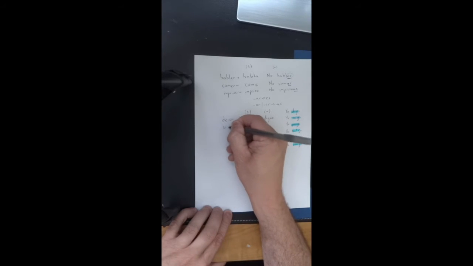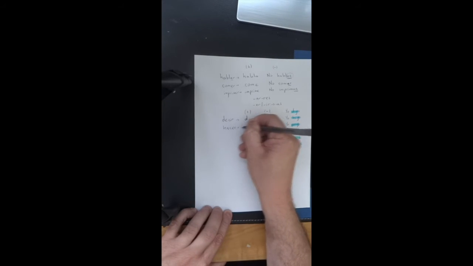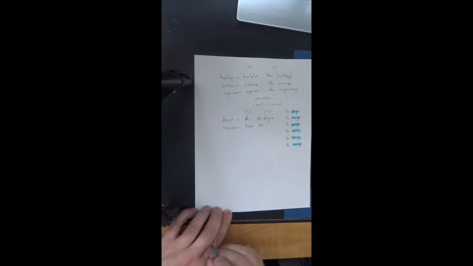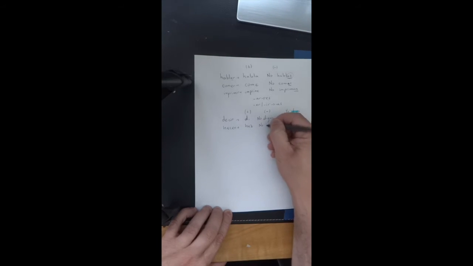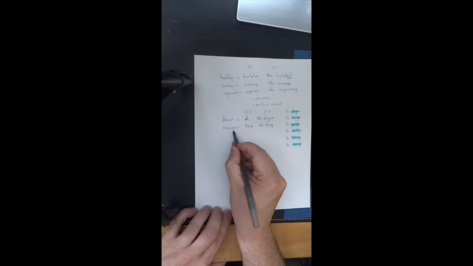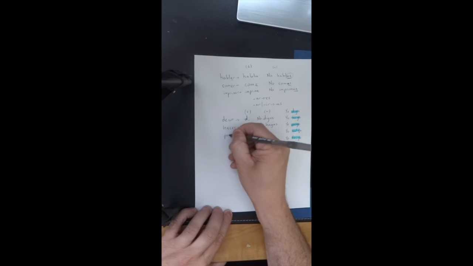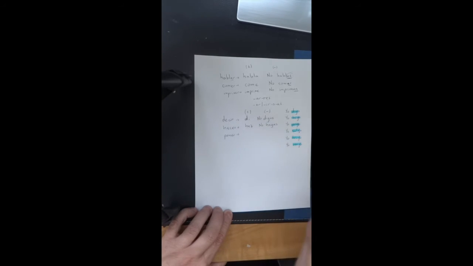And then, por ejemplo, hacer, as you saw, is haz, but here it is going to be no hagas. How about poner? How is it going to be? Poner is pon, but now it's going to be no pongas.